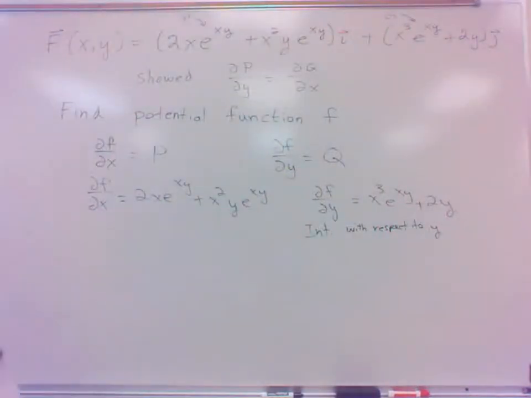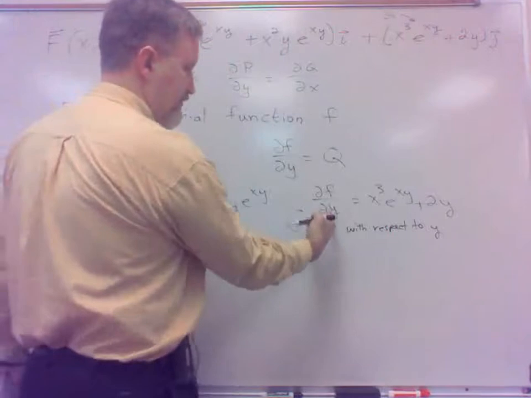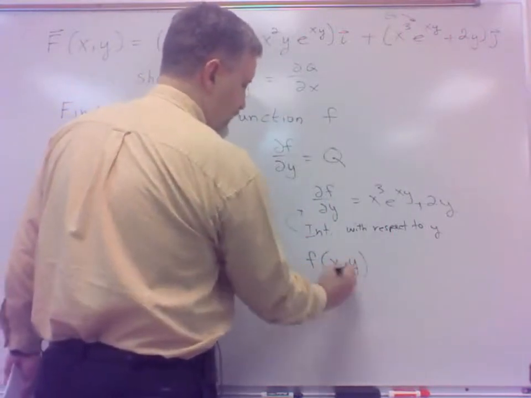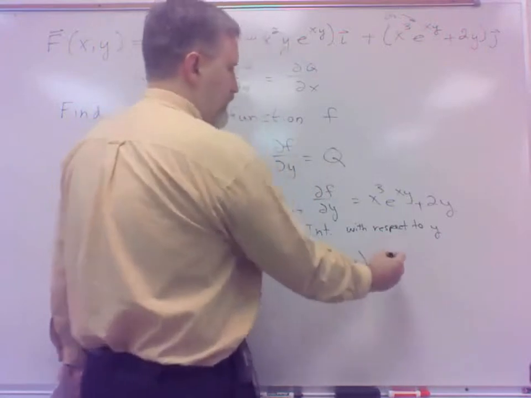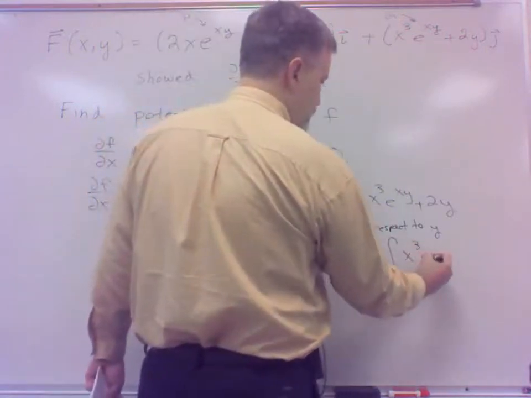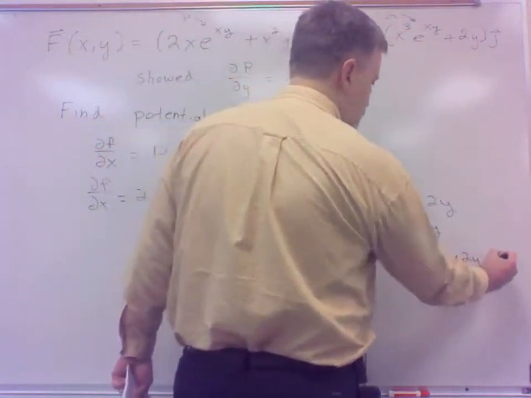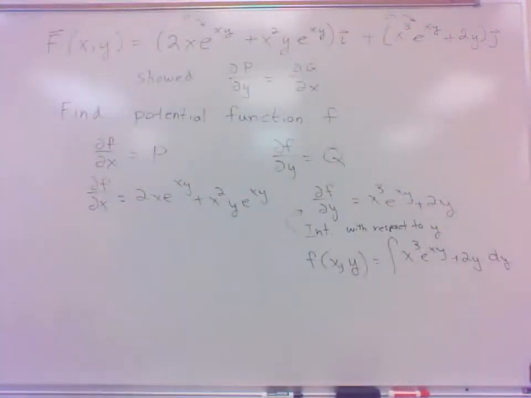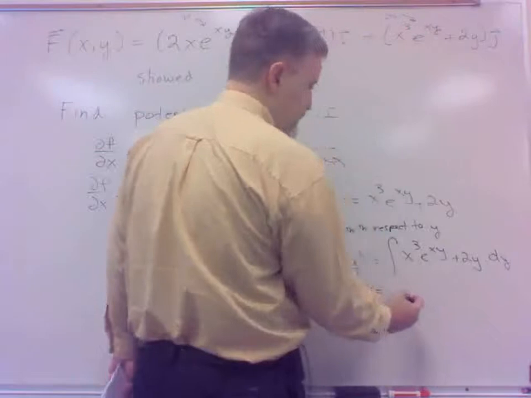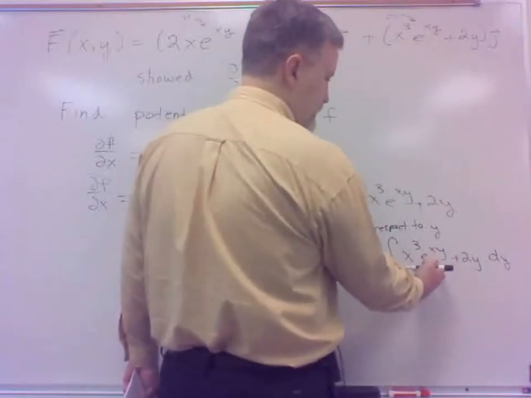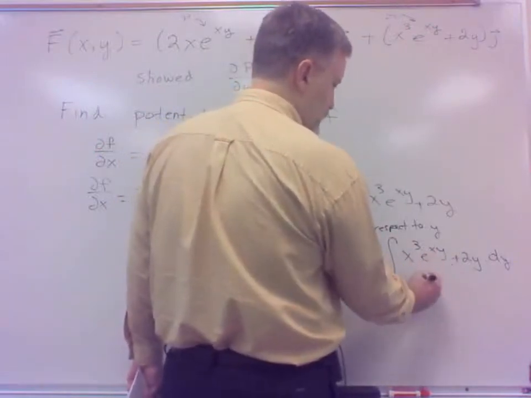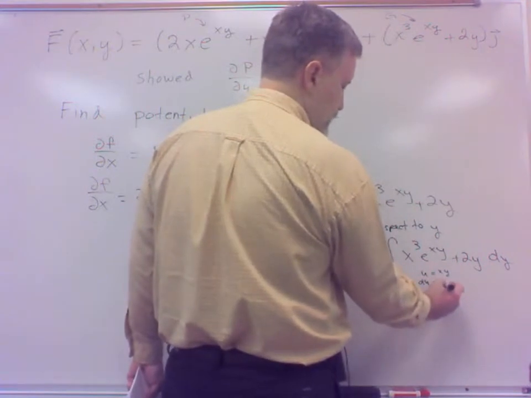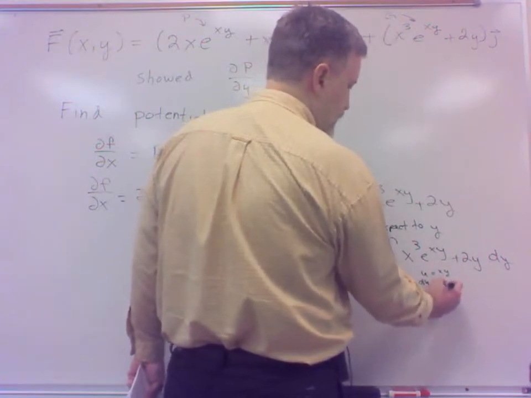So, of course, we integrate this with respect to y. That just gives us f, which they usually write as f of xy. That would then equal the integral of x cubed e to the xy plus 2y with respect to y. Like I said, just a little u substitution for that. u equals xy, and so du would be x dy.